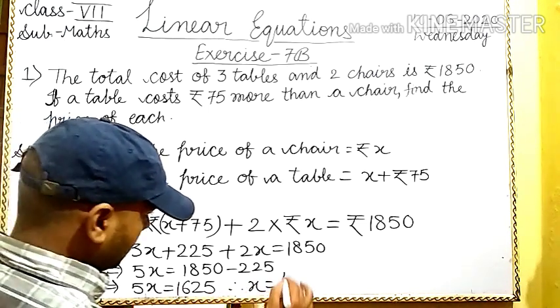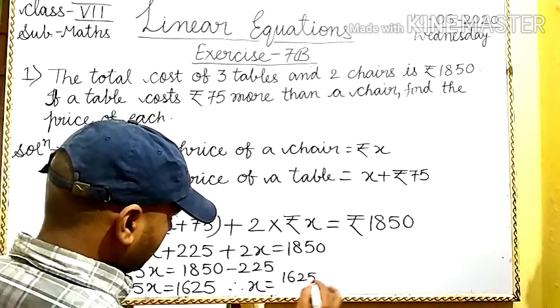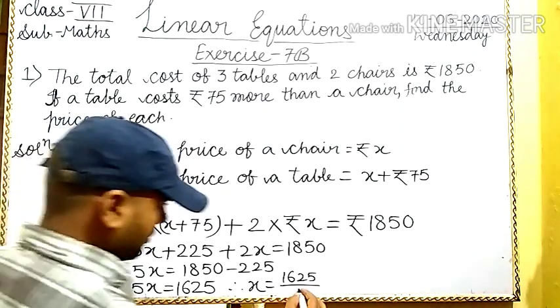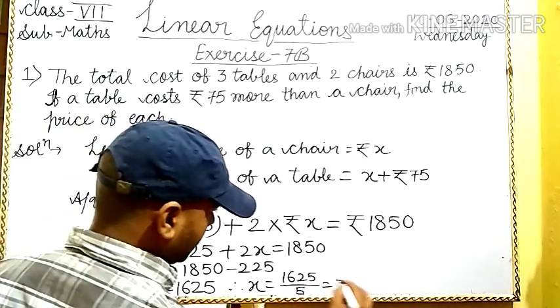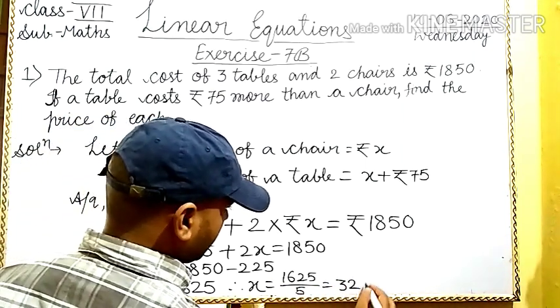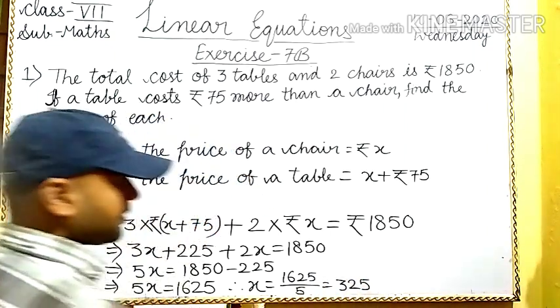Therefore, x is equal to 1625 upon 5. 5 threes are 15, 5 twos are 10, 5 fives are 25.